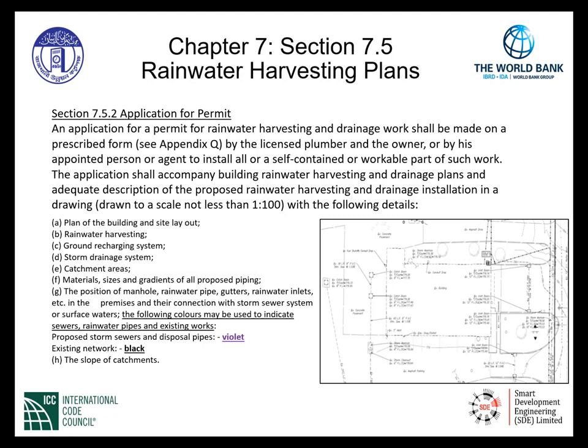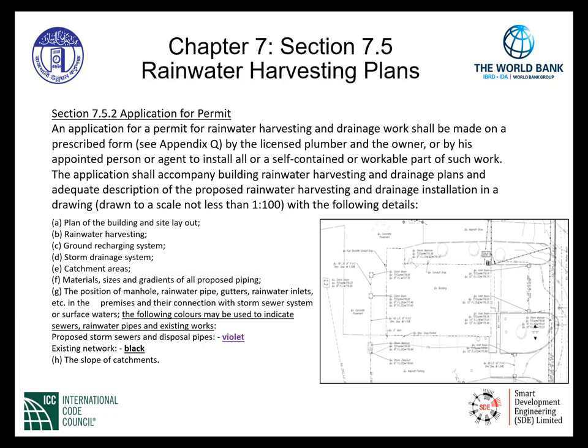Item C, ground recharging system. Item D, storm drainage system. Item E, the catchment areas. Item F, materials, sizes, and gradients of all proposed piping.